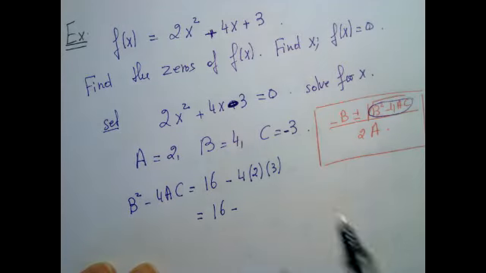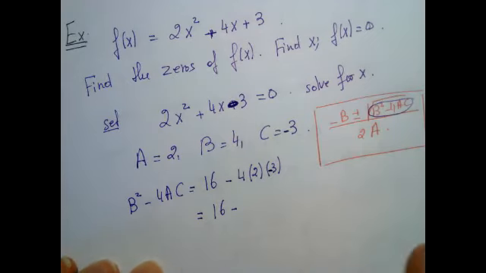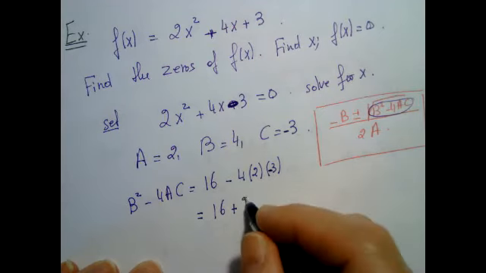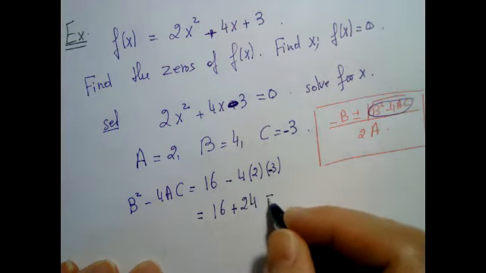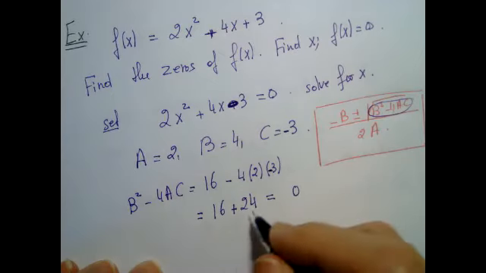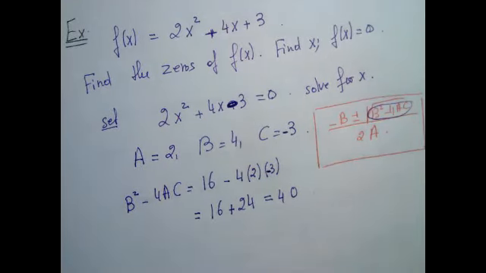My apology for that. And this is going to give me a minus in here. Minus times minus is going to give me a plus. 4 times 2 is 8. 8 times 3 is going to give me 24. So this would give me 16 plus 24, which is equal to 40. Okay, so that's the b squared minus 4ac.